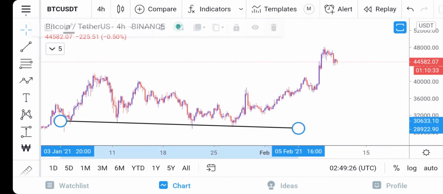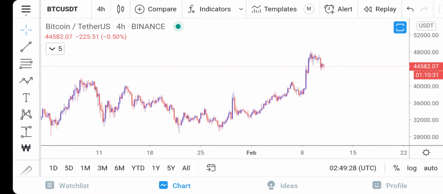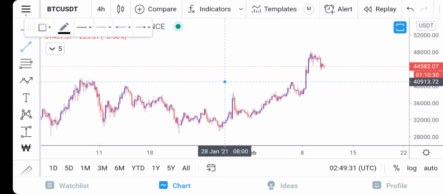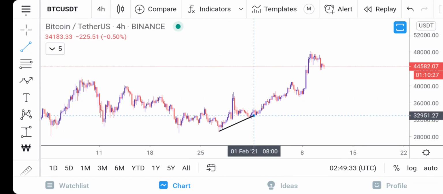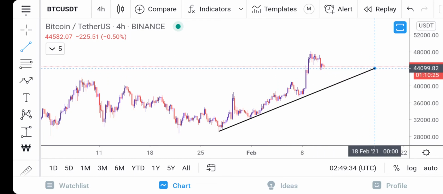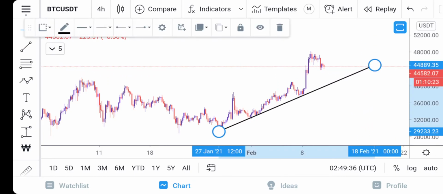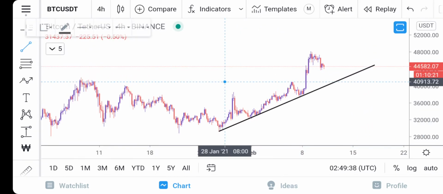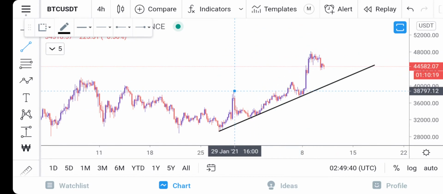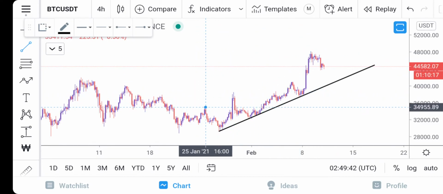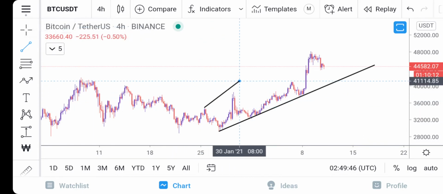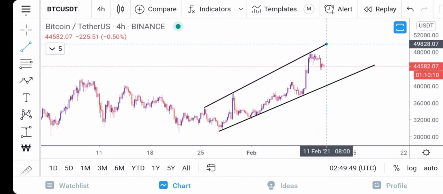Another one I'm going to illustrate is the current price action that is happening here. We also have a trend line support and a trend line resistance from this top here to here.